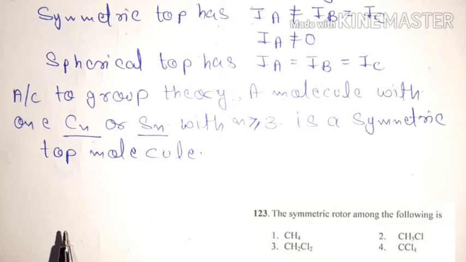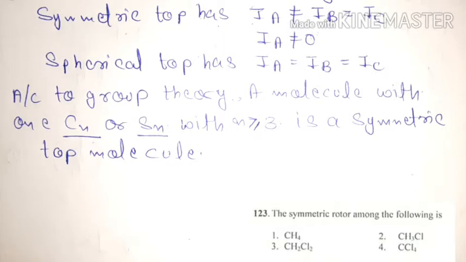When you solve this question according to group theory, we have three options that we will choose: option number first, second, and fourth. In option first, we have a C3 axis of rotation in a CH4 molecule.